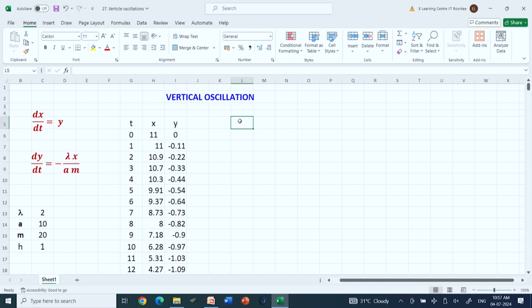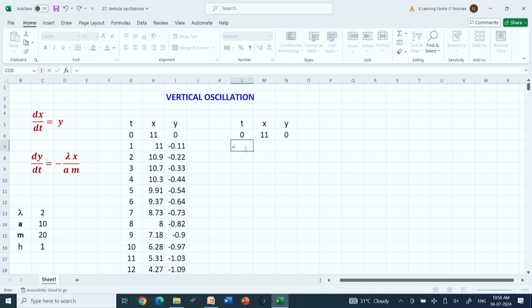So, I have my t, I have my x, and I have my y. At t equal to 0, the value of x is taken to be 11, and the value of y, which is dx dt, is 0. So, the velocity at time t equal to 0 is 0, and the initial value of the distance x is 11. Let us now calculate.